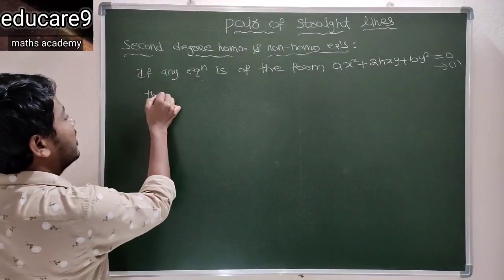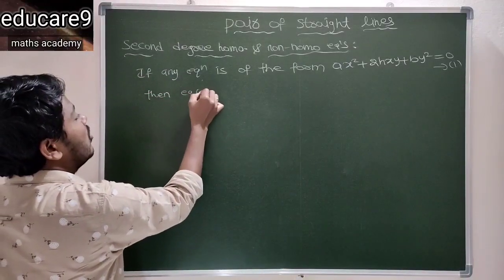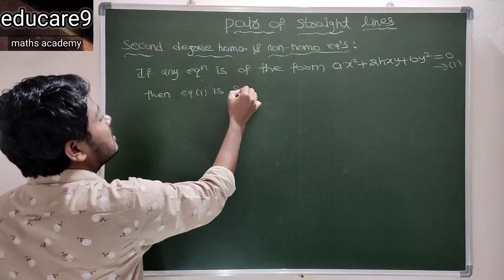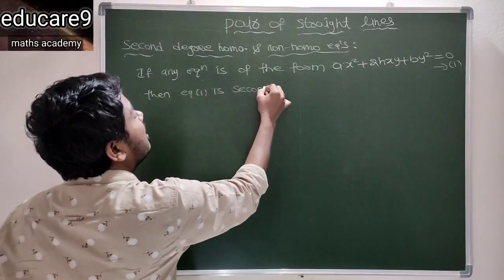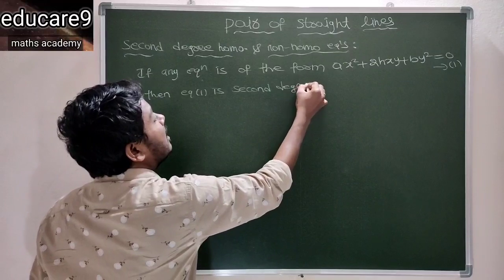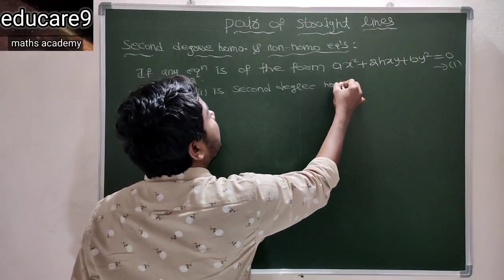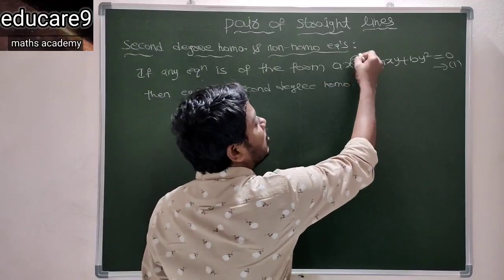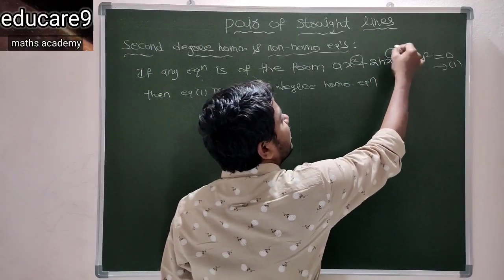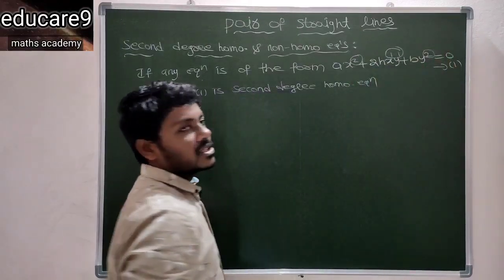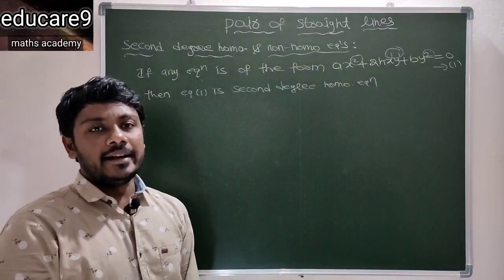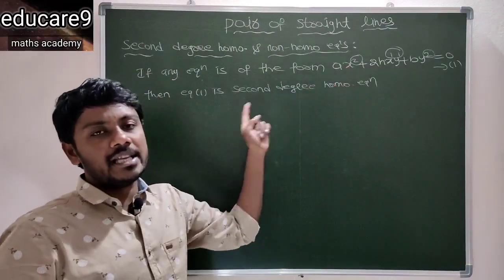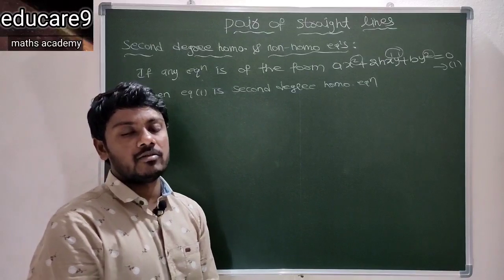Then equation 1 is a second degree homogeneous equation. So see here, degree 2, degree 1, degree 1, total degree 2, here degree 2. So clearly it is homogeneous and the highest degree is 2. Therefore it is a second degree homogeneous equation.